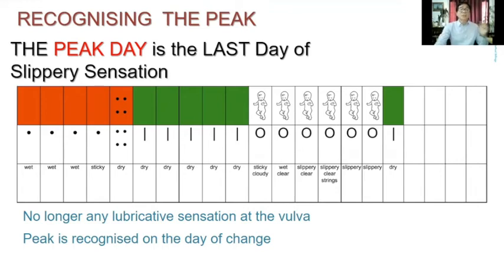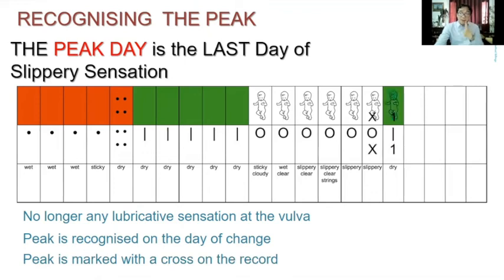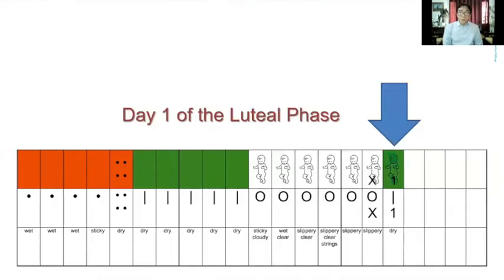In that case, you need to mark it with an X because the last day of the slippery sensation is considered to be the peak day, and the peak day is usually the day of ovulation. Take note that the first day of dry after the peak day is the beginning of the luteal phase.